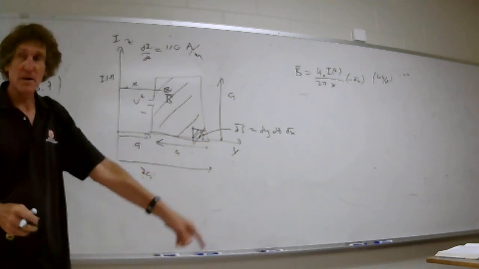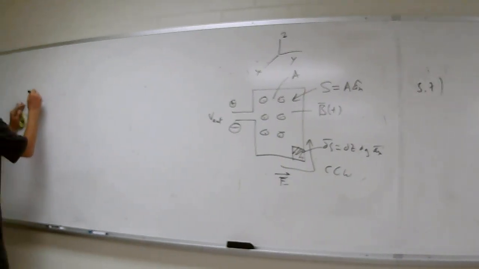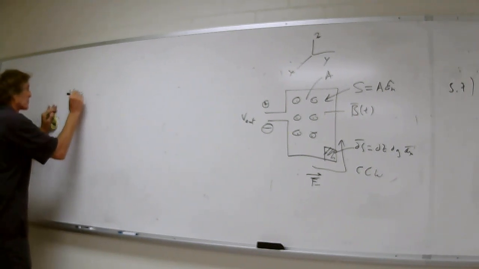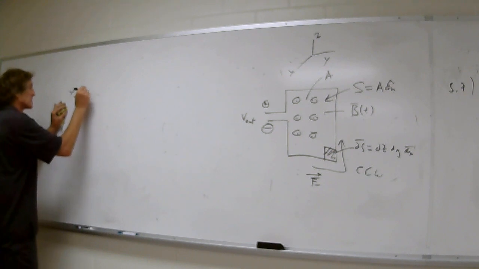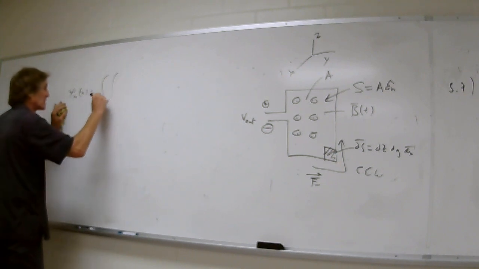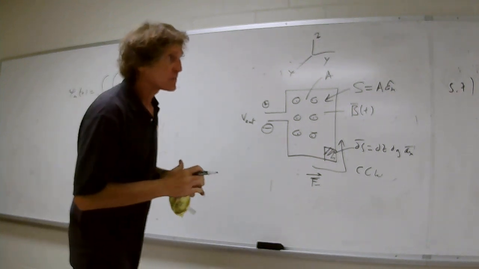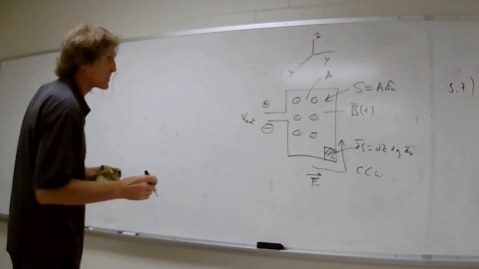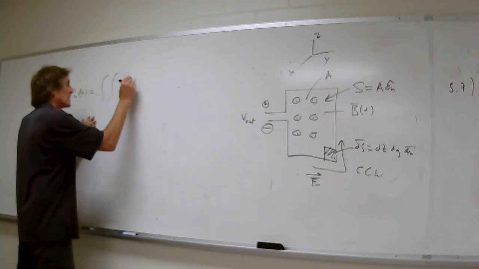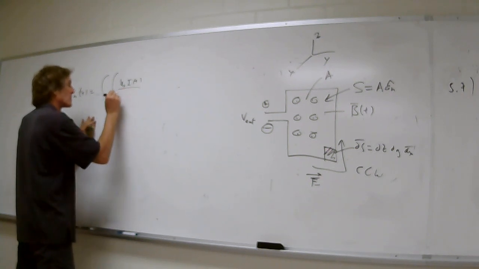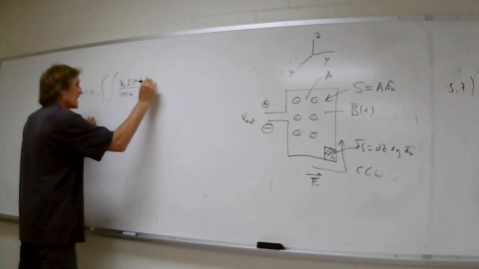All right, so next thing we've got to get is the magnetic flux flowing through there, making sure we're careful to use the right-hand coordinate system. This is a function of time, and it's going to be an integral of B. Now, B is into the board, so it's mu 0 I of t over 2 pi x, and it's minus ax.